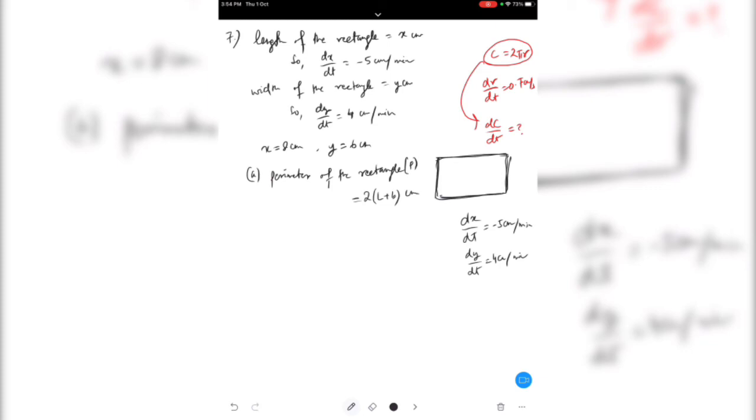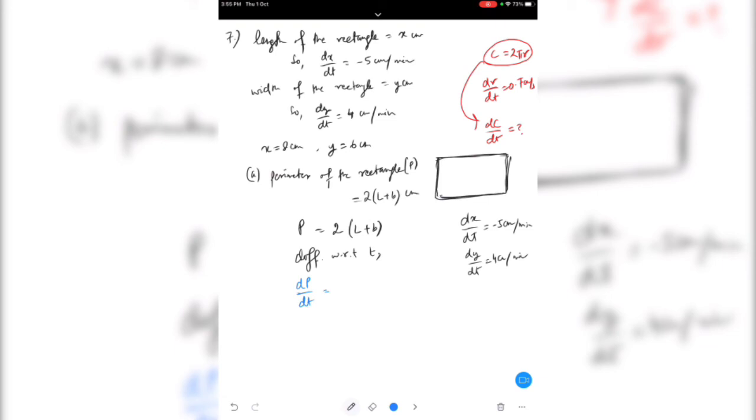So now I will write the expression as P is equal to 2 of (L plus B). Now you have to find rate of change of perimeter with respect to, they haven't told you anything, so you just have to find with respect to time. So differentiating with respect to time, I get dP/dt.